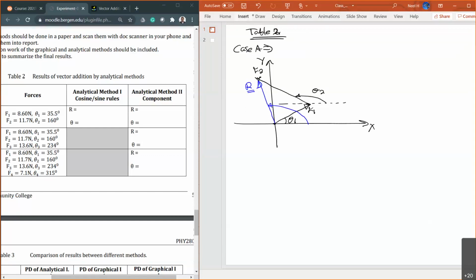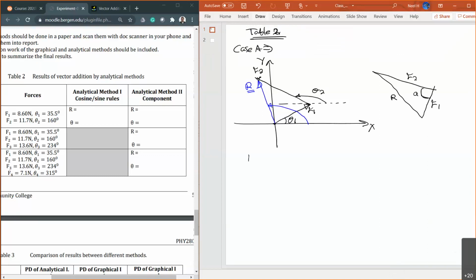Now to do that, you can do this easier, because if you take a look at this triangle, one leg is F1, another one is F2, and the other one is R. Now if you have a triangle with 3 legs, and you know at least one angle, let's say this angle is A, then I can do the cosine rule.